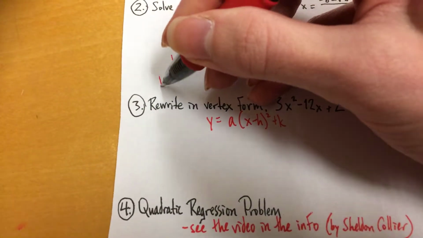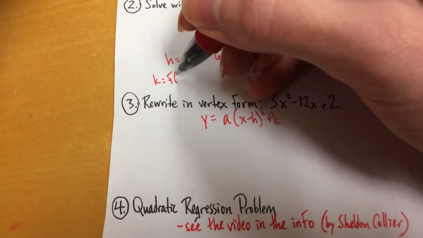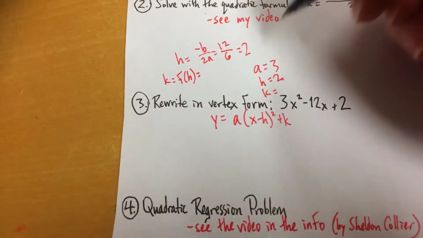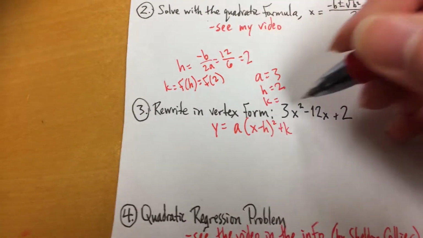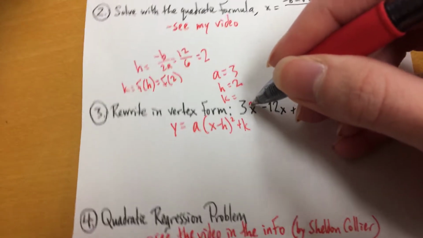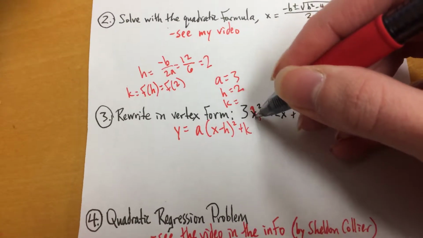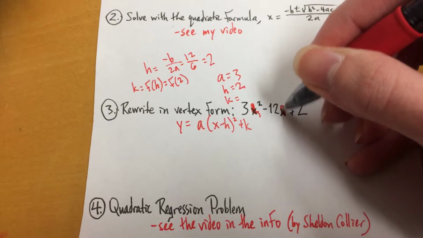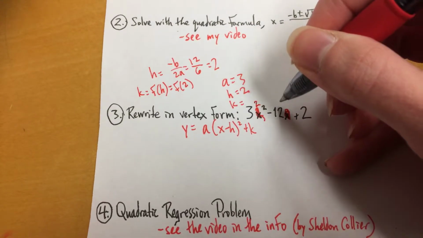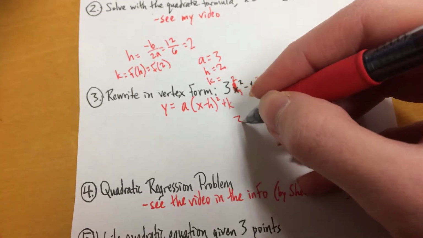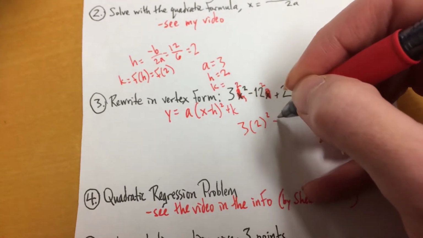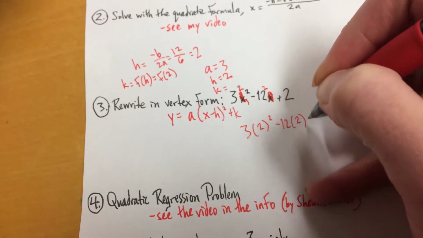And then to find k, that's f of h. So we are going to plug that 2 into our function. So right here, we're going to have 3 times 2 squared minus 12 times 2 plus 2. All these spots are going to get replaced with 2. So let me write that better. 3 times 2 squared minus 12 times 2 plus 2.